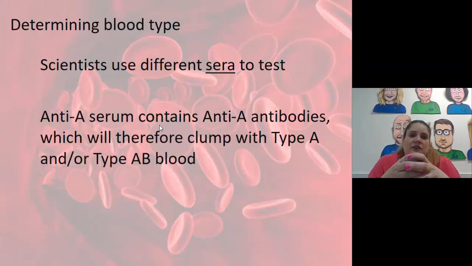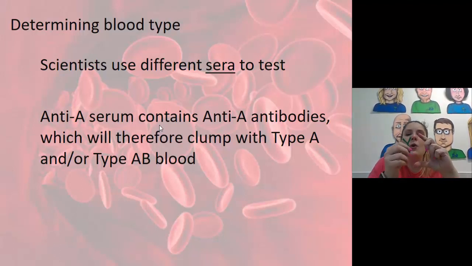So anti-A serum is just a bottle. It's just a container that has anti-A antibodies in it. So it's just going to be a bottle of these little dudes, okay? Which means if I have type A blood and I put this in it, type A blood is going to clump up because the A antigens on this are going to clump up together with these.